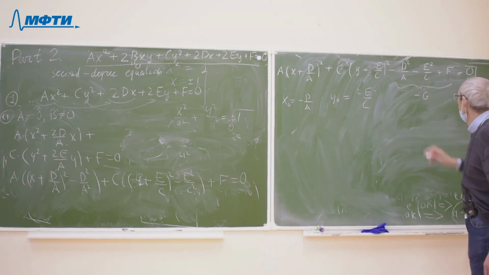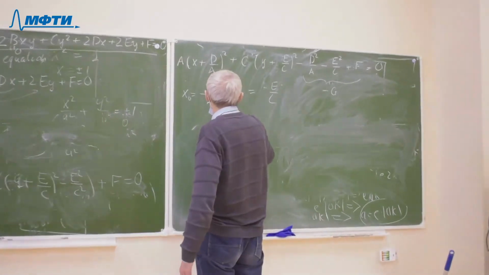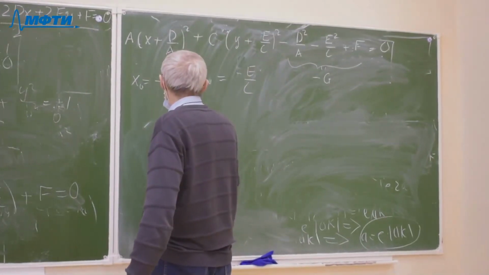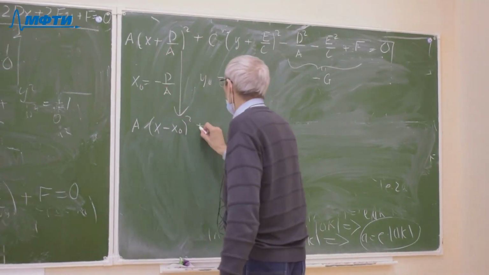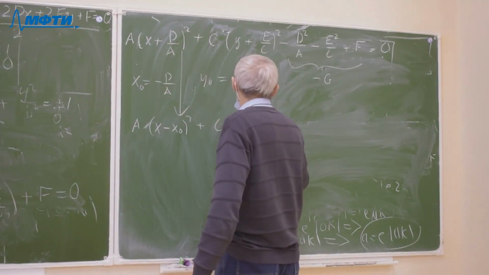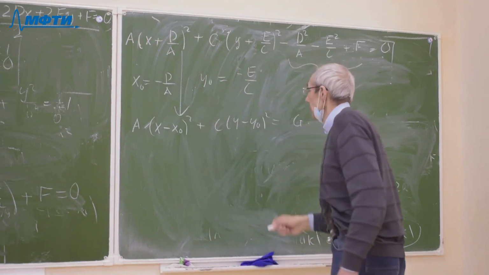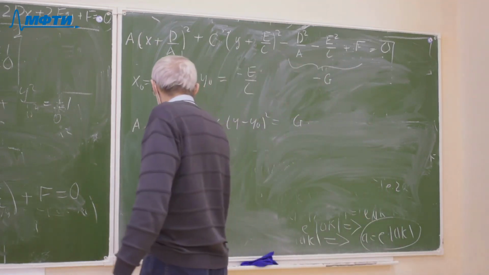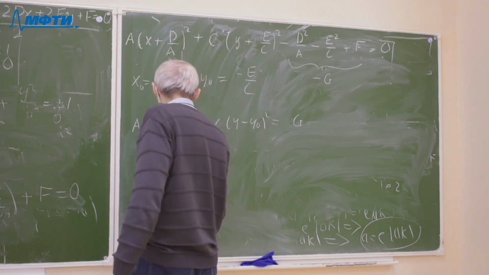and this expression we denote by minus G, and we obtain the following expression: a times x minus x0, squared, plus c times y minus y0, squared, is equal to G, and finally we obtain the following expression.